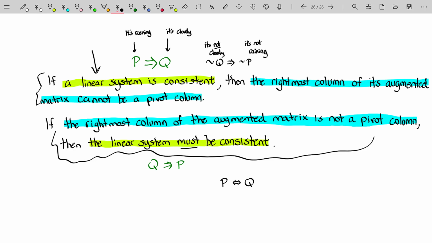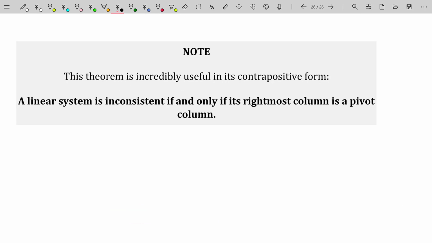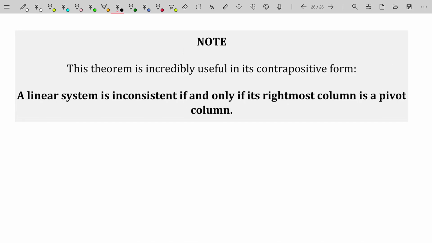And by the way, that, I'm just going to scroll up a little bit, is more powerful, I think, than the original existence statement, and I have it right here. A linear system is inconsistent if and only if its rightmost column is a pivot column. That's a very, very powerful statement.